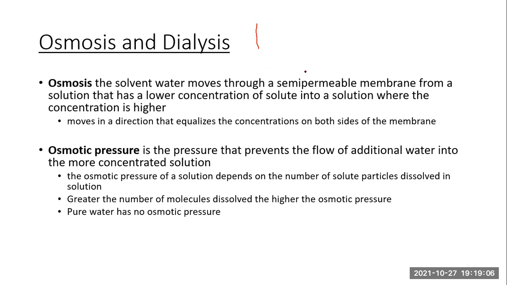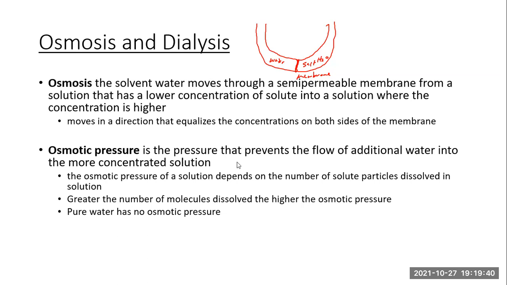So if we had a tube that was separated by a membrane here, and on one side maybe you had some salt water, and on the other side you had regular pure water. Pure water has really no osmotic pressure. There's nothing dissolved in it. It's basically a lower concentration than salt water. Salt dissolved in it gives it a higher concentration.